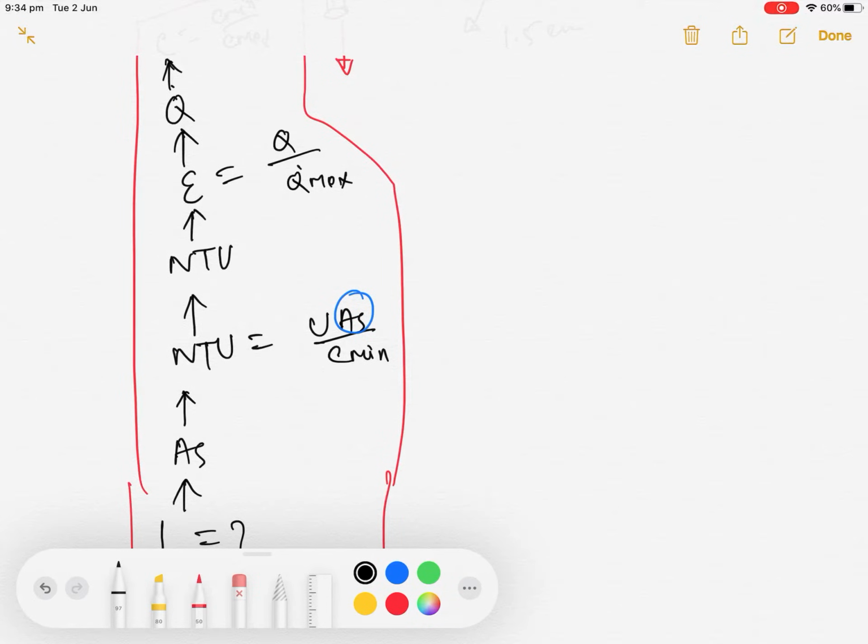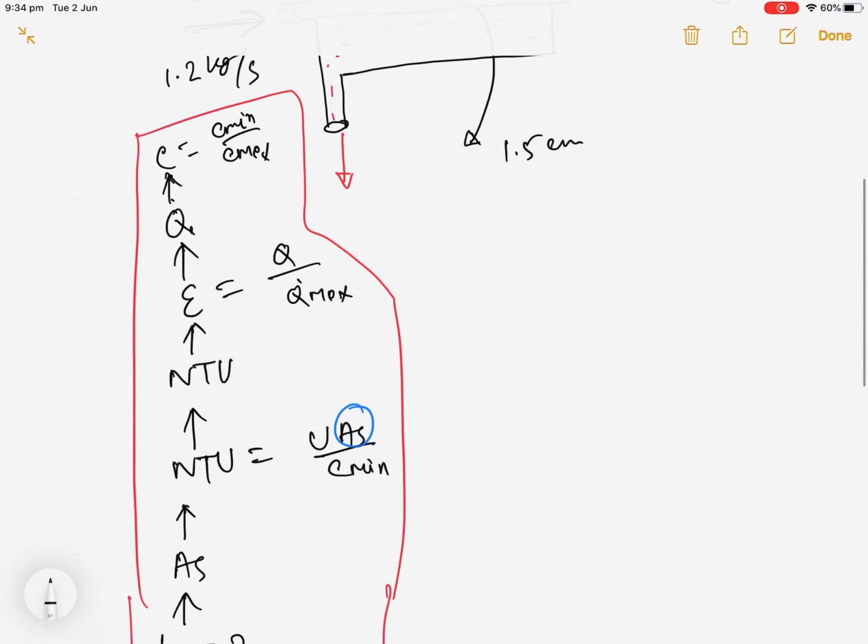At first we will calculate the heat capacity rate for the hot and the cold fluid, because in the effectiveness and NTU method, it should be our first task, and we need to check which capacity rate is minimum. I discussed this because when we calculate the maximum possible heat transfer rate, we need to use that formula.